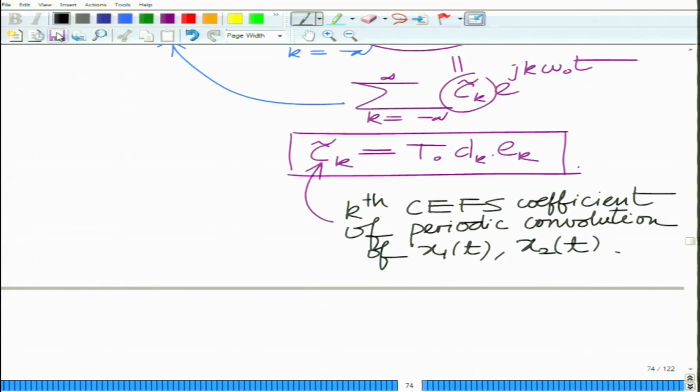This is the kth CEFS coefficient of the periodic convolution of x1 t and x2 t.